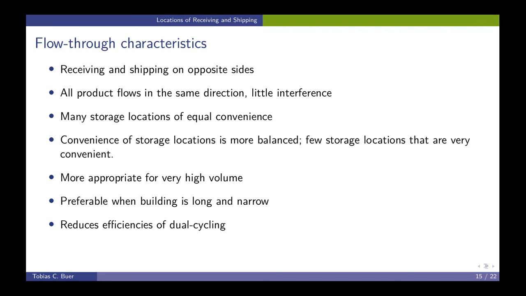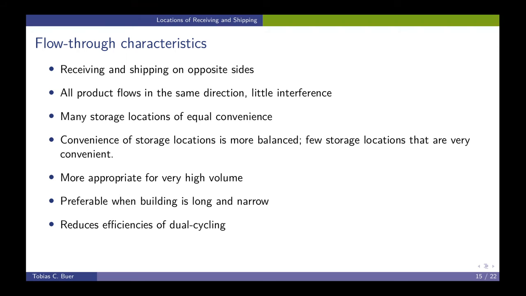So once again, what are the flow-through characteristics? Receiving and shipping doors are on different sides of the warehouse. The good thing is that all the product flows in the same direction, from the bottom to the top in our drawings. So there's little interference with other actions.